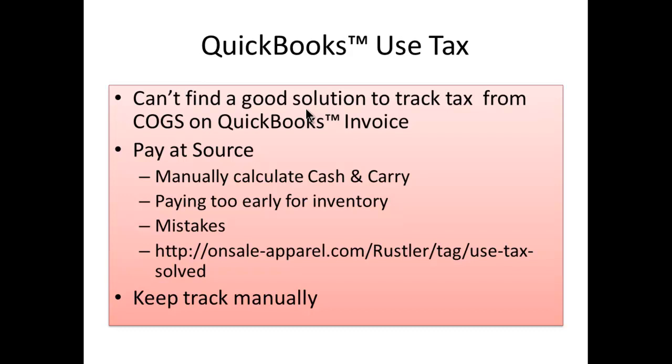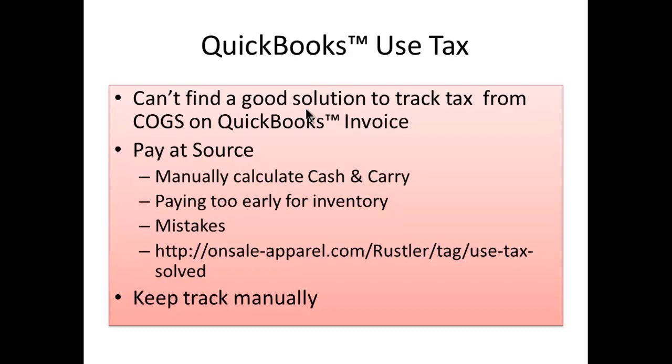The website that's mentioned here on the fourth point is something that we did find in the QuickBooks help section, where a company had been pretty clever and figured out a way to track, not on the cost of goods sold, but on the purchases, the taxes that would be owed on that, which is very much equivalent to paying at the source.